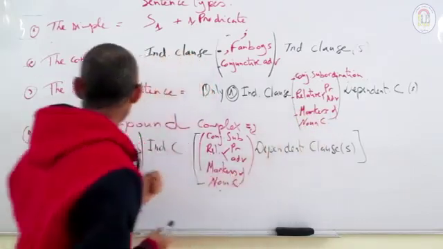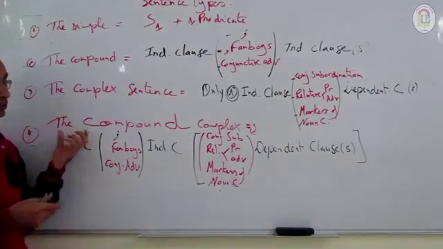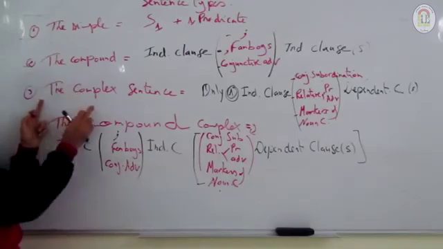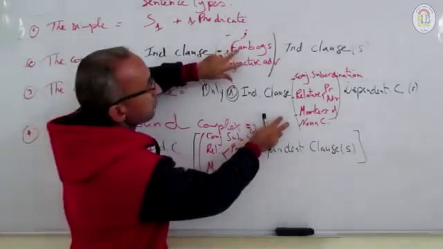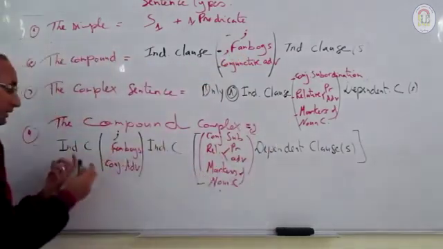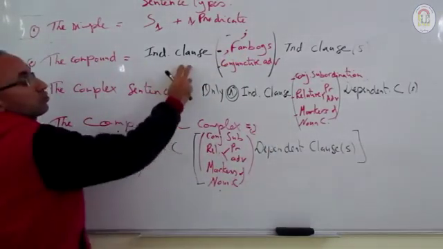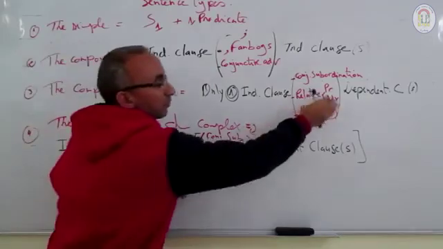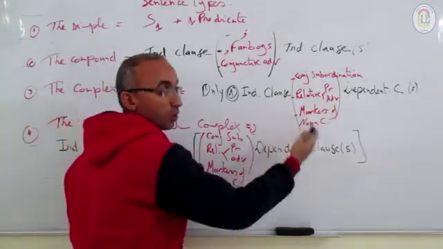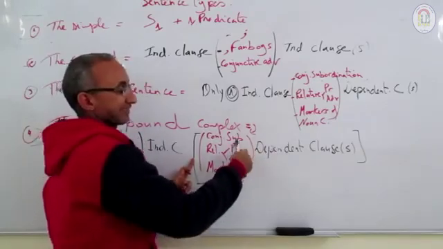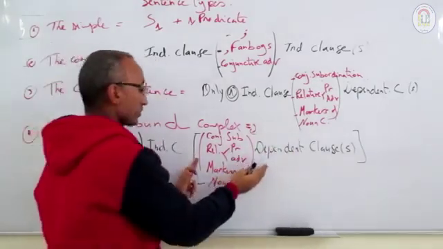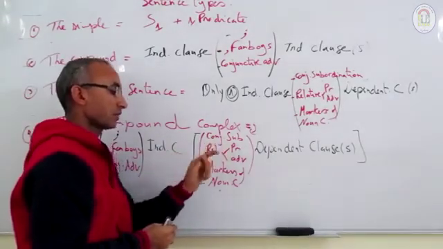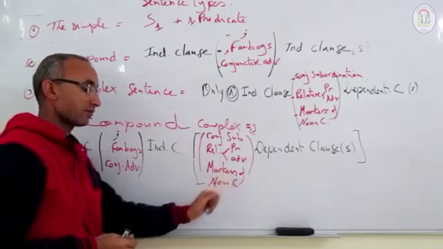Here also is the last type, which is a mixture of the two previous types, the compound and the complex. Here we have used both markers. We have a compound, which means two or more independent clauses joined by one of the markers. Then I add to them one or more dependent clauses, joined to this compound sentence by means of a conjunction of subordination, relative pronoun or adverb, or the markers of the noun clause.